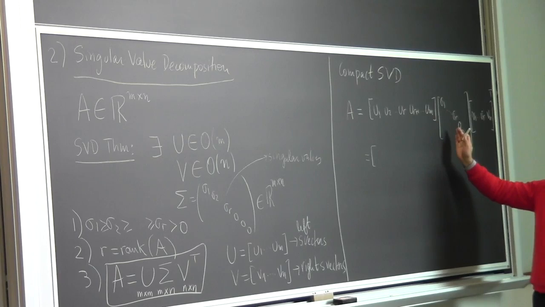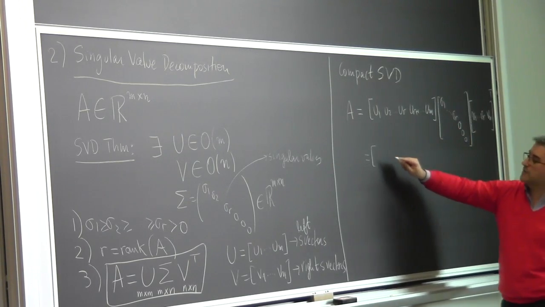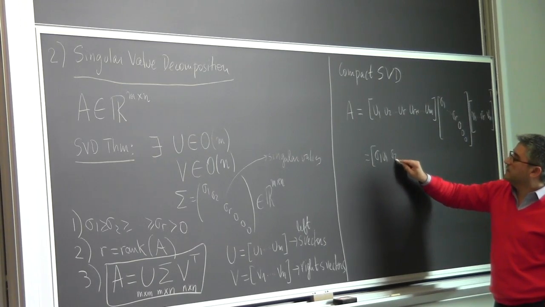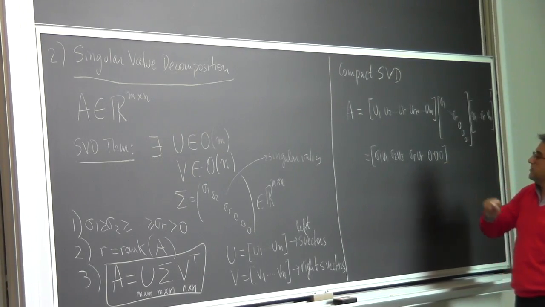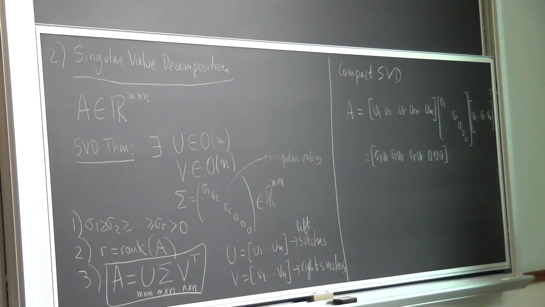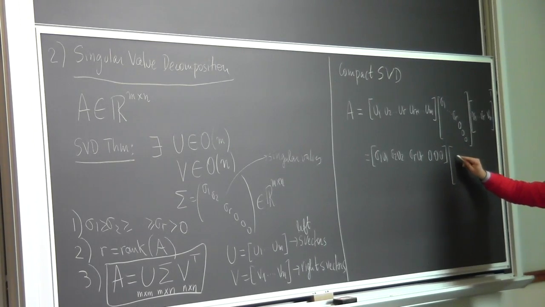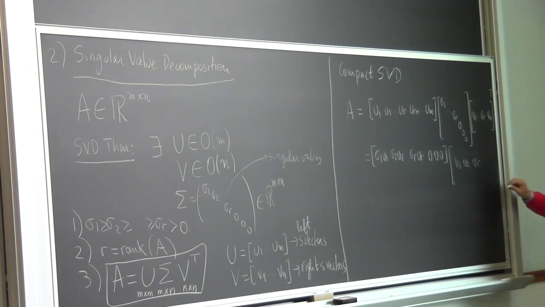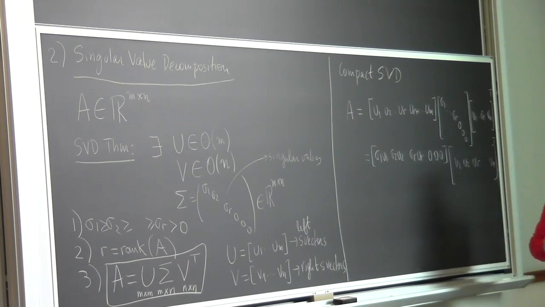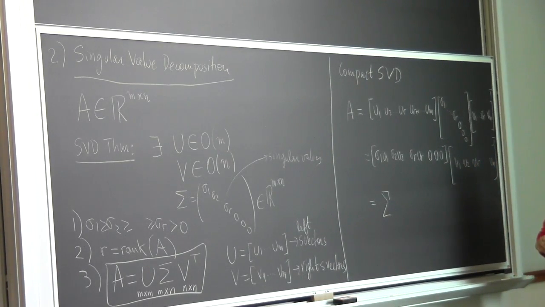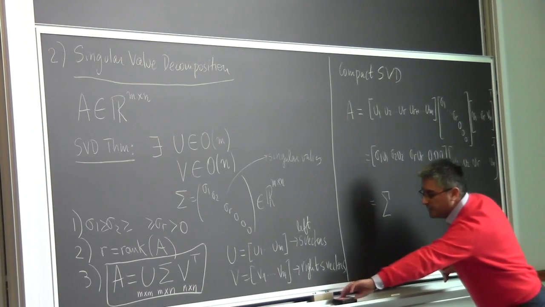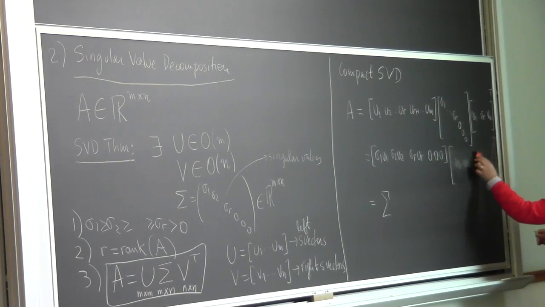Okay. So I hope you can see that this is the same thing as scaling each column of U by sigma. So I'm going to get sigma 1 U1, sigma 2 U2, sigma R UR. But then eventually, all of the other columns become 0, right? Because the sigmas eventually are 0. And likewise, I'm going to have here V1, V2, VR, and let me even put Vn at the end. In fact, maybe to make your job easier, I'm going to just transpose this matrix.